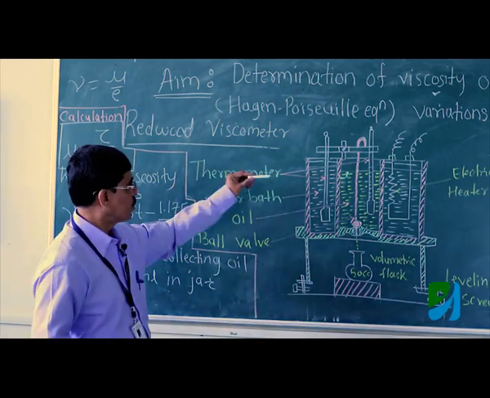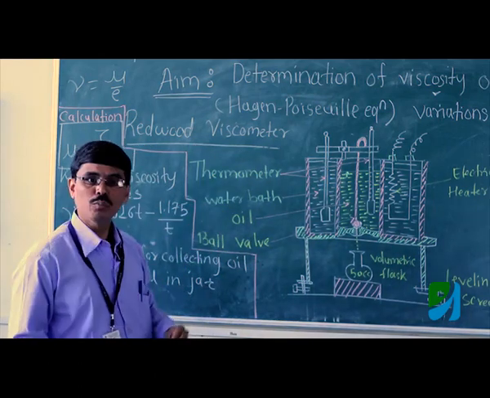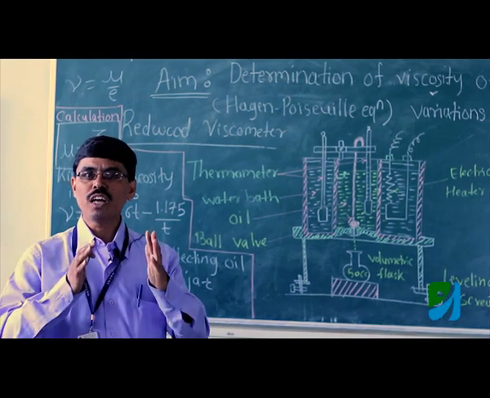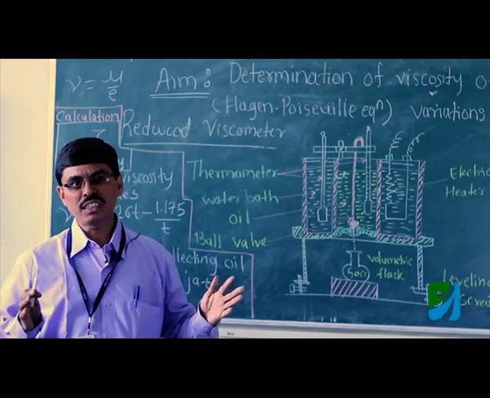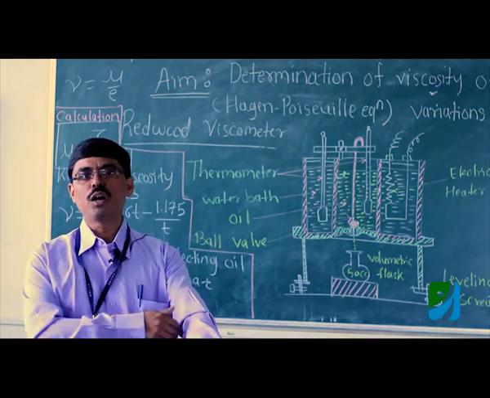Basically, this Redwood viscometer uses the principle of Hagen-Poiseuille's equation, and a laminar flow is maintained. A laminar flow is observed in many devices, which is very important, and whenever there is a laminar flow, the viscosity term is very important.